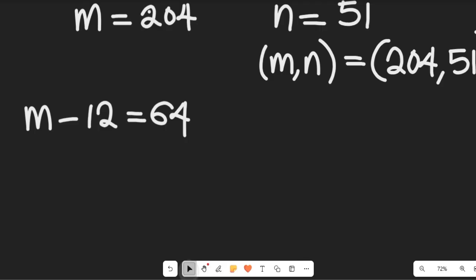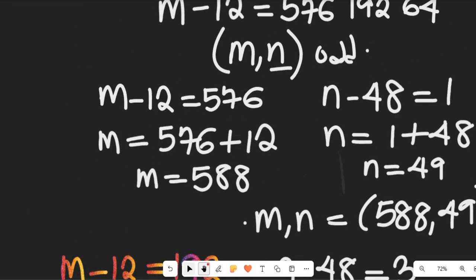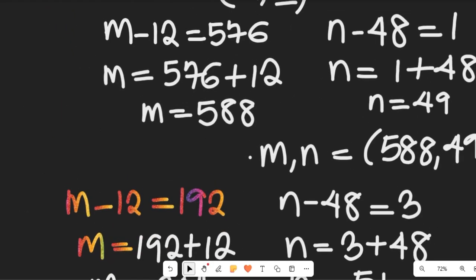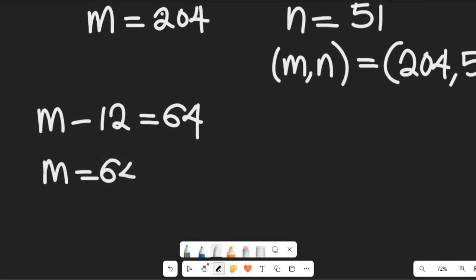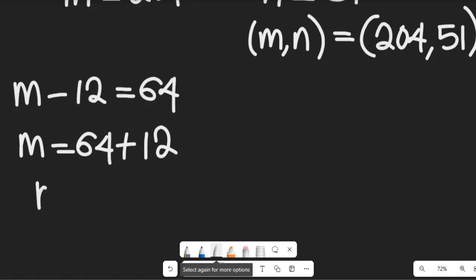If you have that to be equal to 64, then we'll have that expression to become m will be equal to 64 plus 12. M will be equal to 64 plus 12, which is going to give us 76, which is an even number.